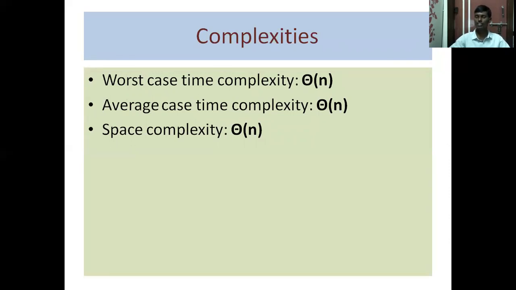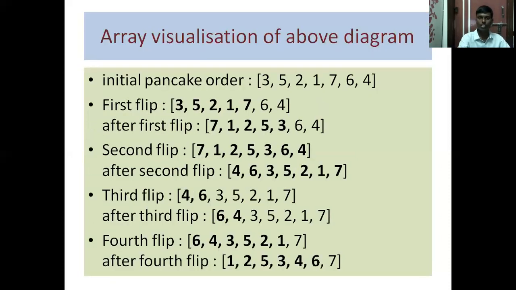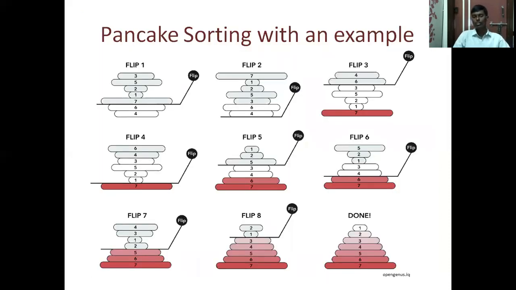Worst case time complexity is order of n, average case time complexity is order of n, and space complexity is order of n. As I've said before, first we have to identify the element and put it in the top place, and next we have to flip the whole list. If the element is already present at the top, we don't need to do two flips.